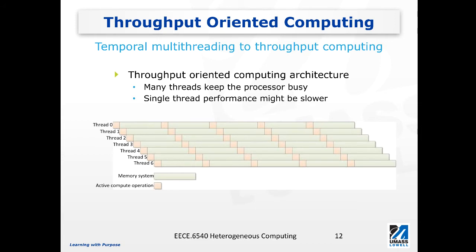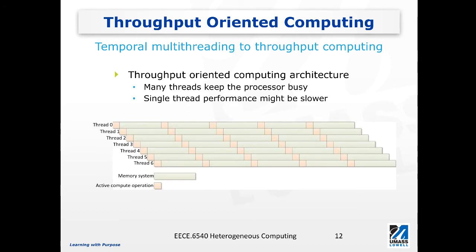In our example here, we have 7 threads, and each thread takes some computation operation and a memory operation. Now, because a memory operation takes substantial time, it's beneficial for the other threads to be scheduled onto the processor to keep the data path busy.